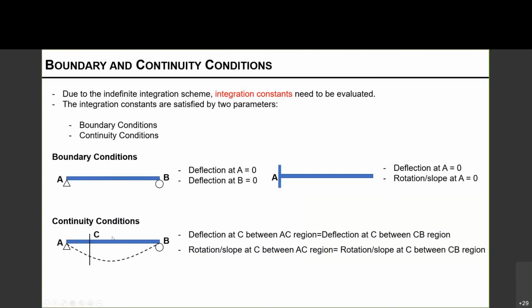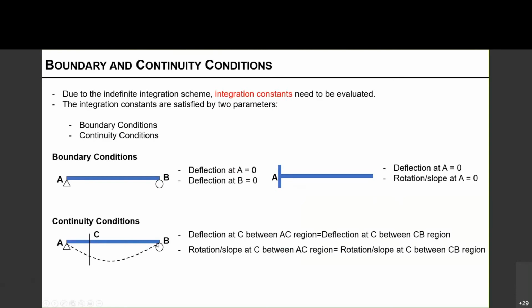Consider the same simply supported beam AB. When the load is applied, it will bend like this, and this is called the elastic curve. If we consider the deflection at C, where C is somewhere in between the beam, when we consider the AC region, the deflection at C is equal to the deflection at C when we consider the CB region.